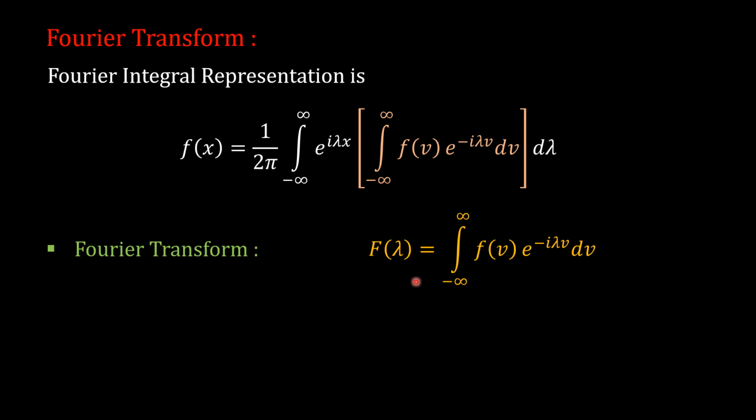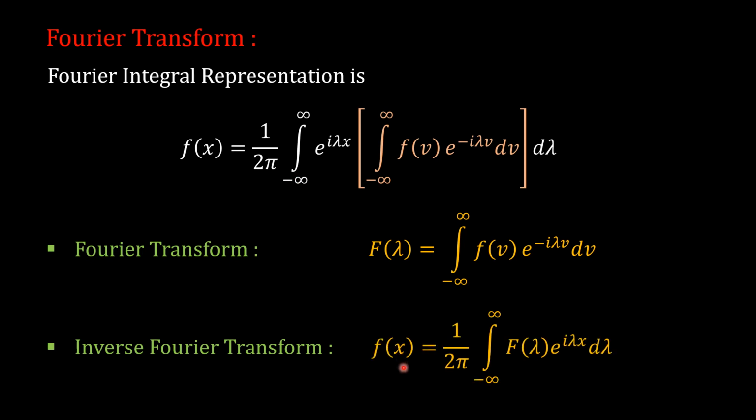So F of lambda is equal to integration from minus infinity to infinity f of v e raised to minus i lambda v dv. And the inverse Fourier transform is given by, so whatever value of this integration we have evaluated, that is F of lambda, replace it in the Fourier integral representation.